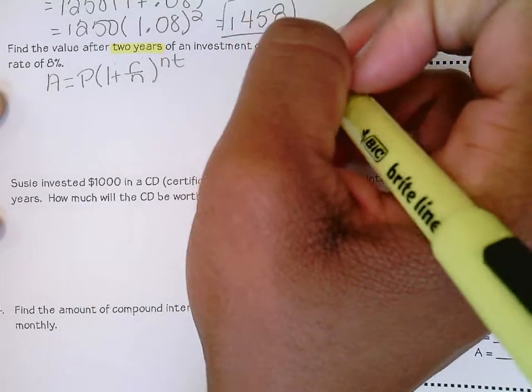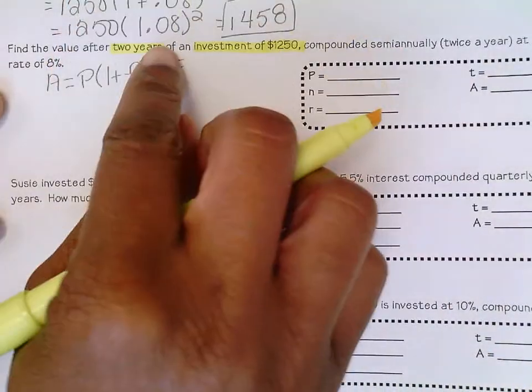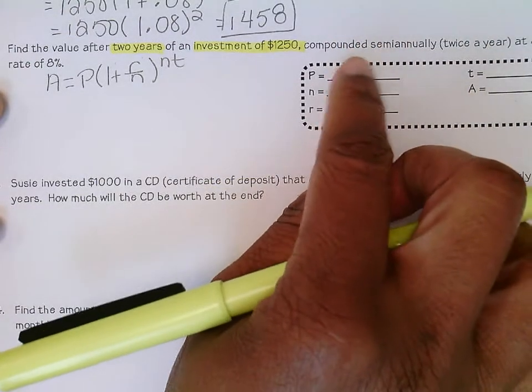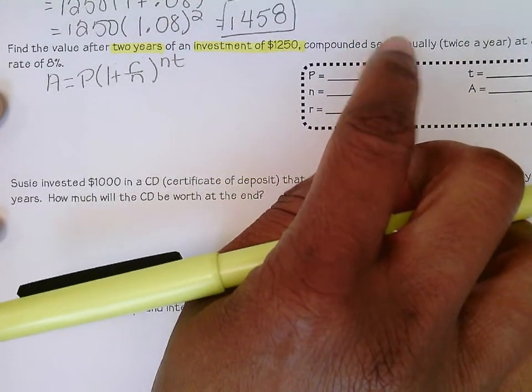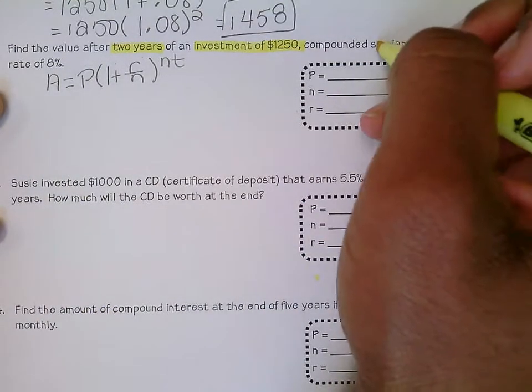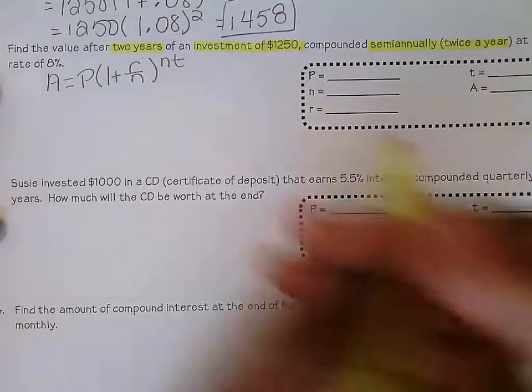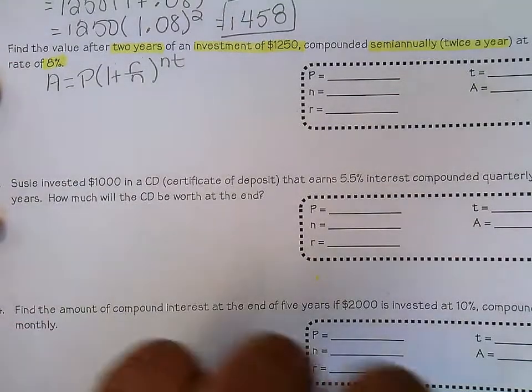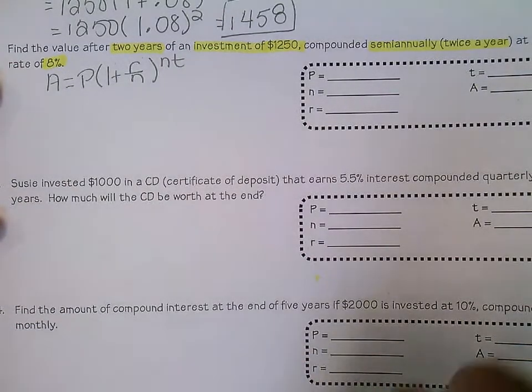It's the same thing, 2 years of that investment, but this time instead of compounded annually, it's compounded semi-annually. Semi meaning twice a year, at an annual rate of, again, 8%. Everything else is the same, but instead of compounding annually, we're compounding semi-annually, twice a year.